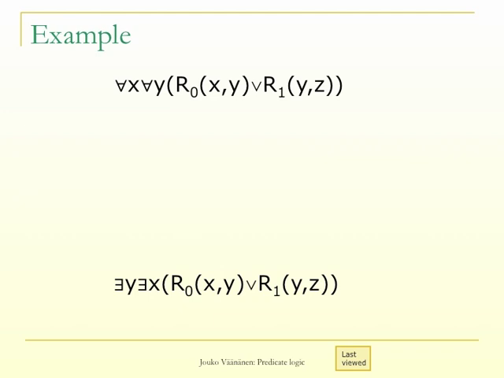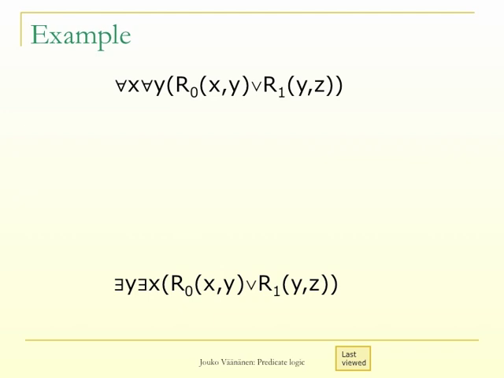Our assumption is of a universal form. It starts with two universal quantifiers. And our goal is an existential one. It starts with two existential quantifiers. In a sense, we have to move from the universal knowledge of x and y to the existential knowledge of y and x. This shouldn't be too difficult.